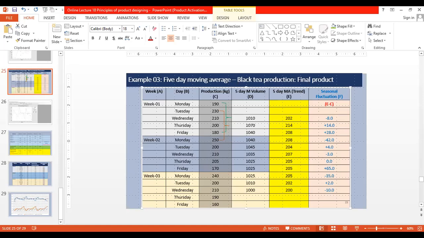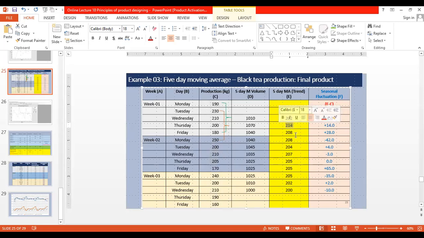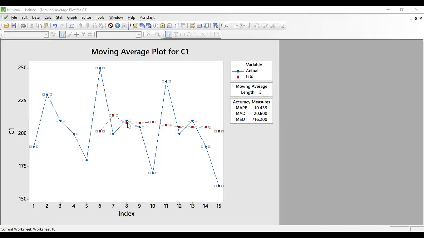The second one is 240. Right, here also you can see. The third one 210. Then 208. Okay.